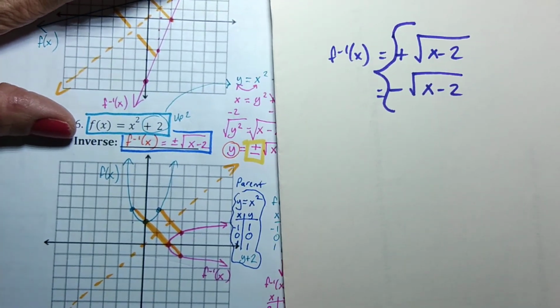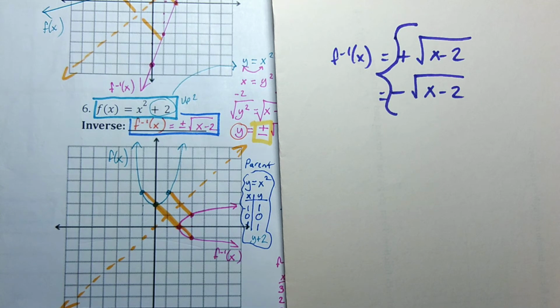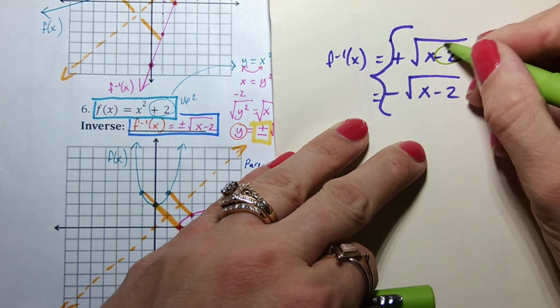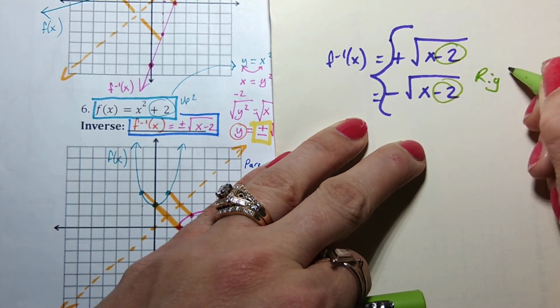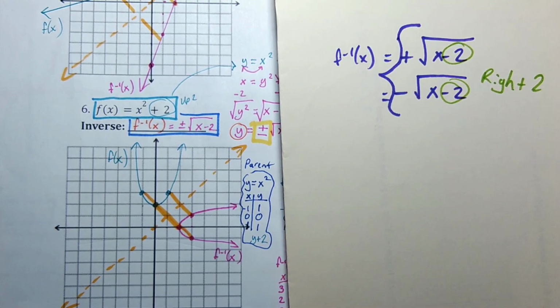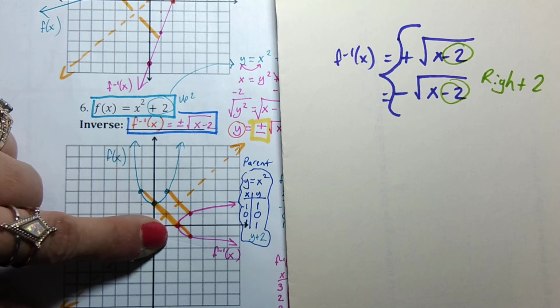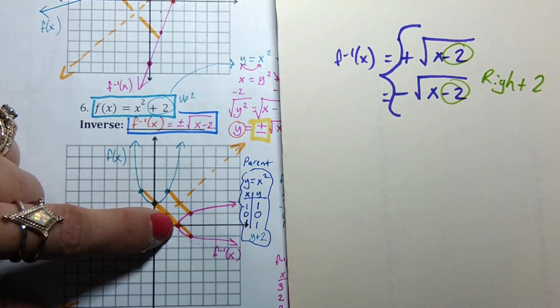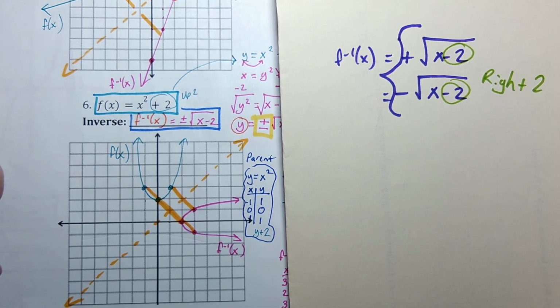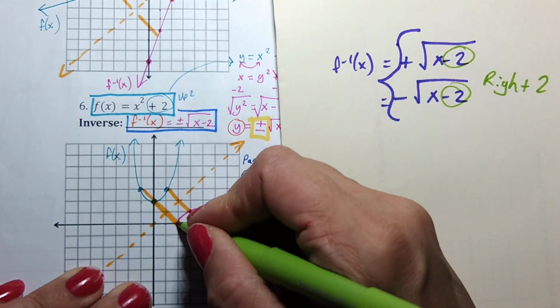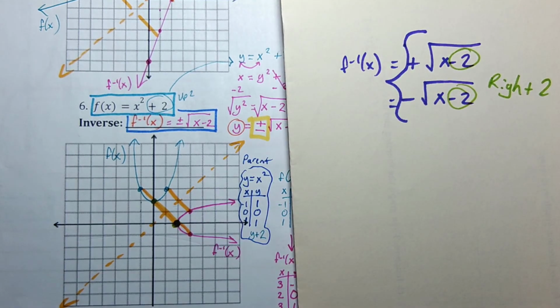So let's see what that means for this graph. First, a square root function with a minus 2 on the inside. What's that minus 2 doing? Right 2. Does it look like this inverse has a vertex that's been moved to the right 2? Yep. So that part looks good.